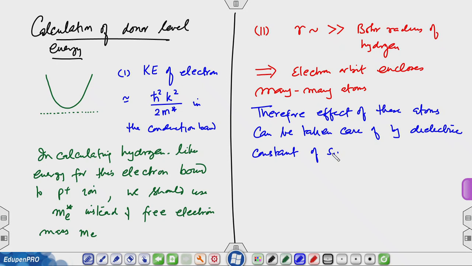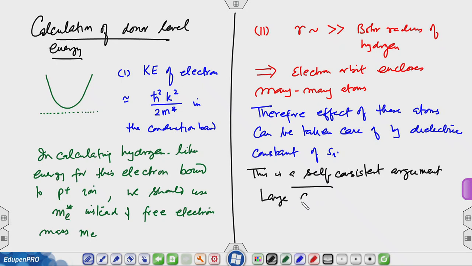And let me point out that this is a self consistent argument. A large epsilon dielectric constant gives large radius, and this implies epsilon can be used.